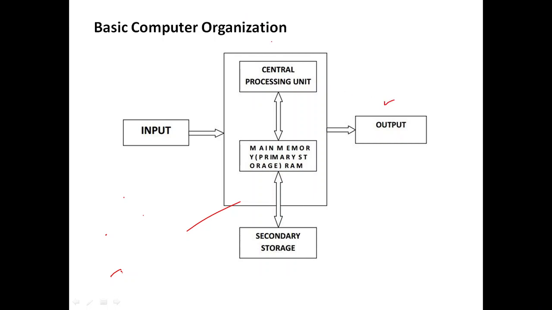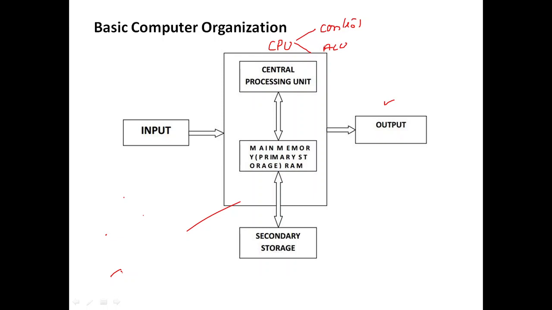The major important thing here is the central processing unit, which we also call the CPU. This CPU is divided into two units: the control unit and the arithmetic and logical unit.